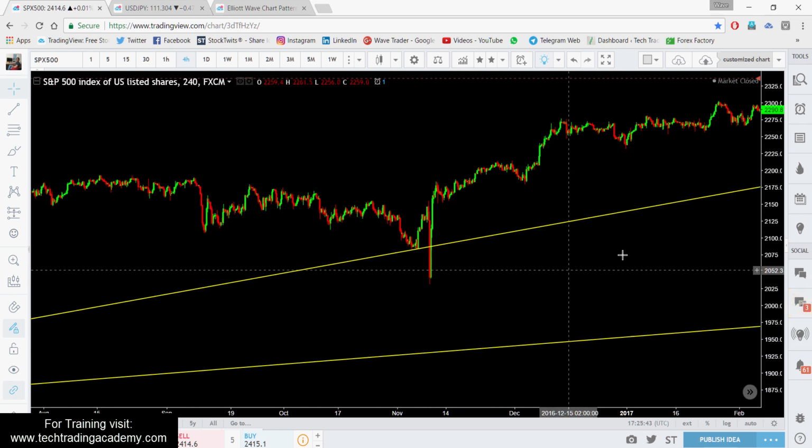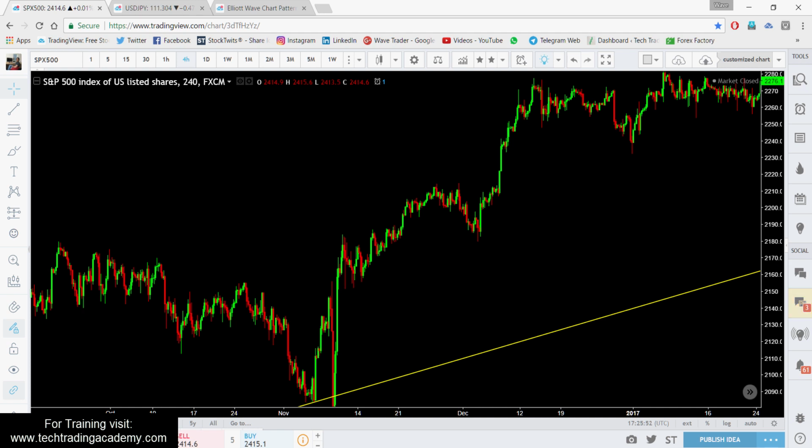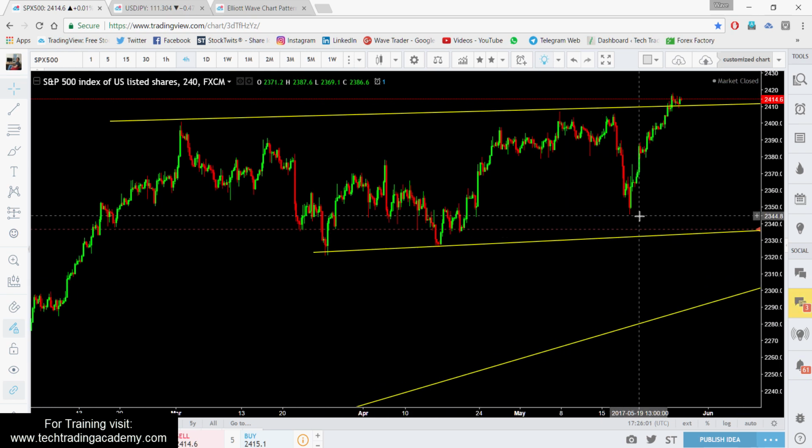We were looking for buy here at this area as well. When price was forming this correction, we were buying this one. So we always look for buy when this pair forms a pullback.